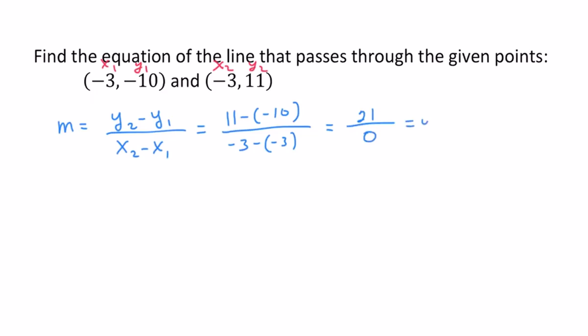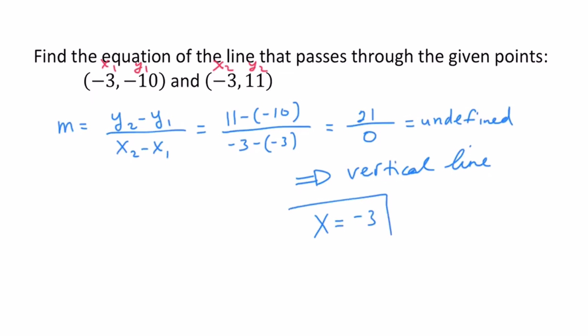So this here is undefined. The slope is undefined. That means that this is a vertical line. And for the vertical line, we have the equation x equal to the x value, which is negative 3. So x equal to negative 3 is our line.